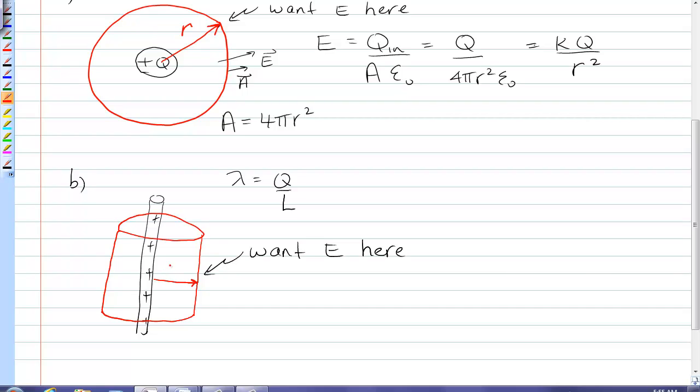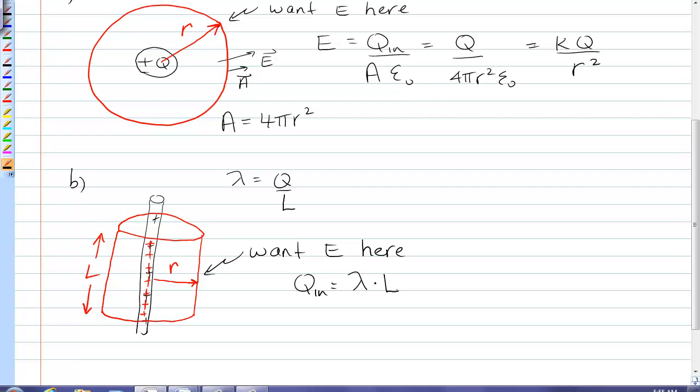Distance from the line of charge will be r, and the length of the Gaussian surface will be some finite length L. Now the amount of charge inside that Gaussian surface is just what gets cut out by that cylinder. So Q in this case is just the linear charge density times the length inside that cylinder.